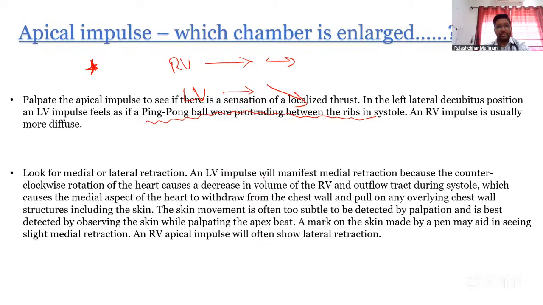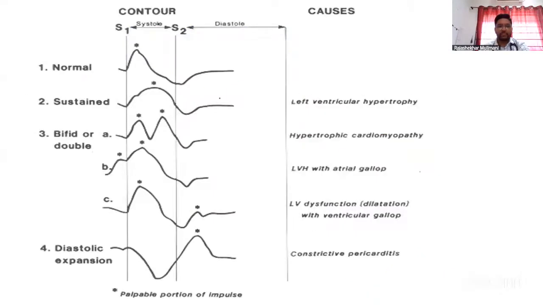An LV impulse, that is a left ventricular impulse, will manifest a medial retraction because of the counterclockwise rotation of the heart, whereas if the RV is enlarged, it is more of a lateral retraction. So this is another way to identify which chamber has enlarged.